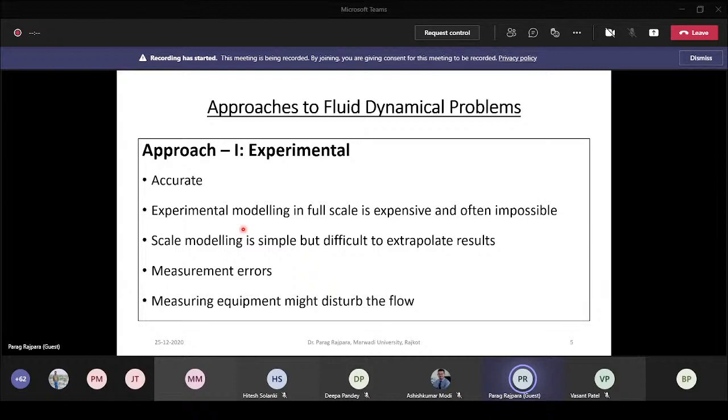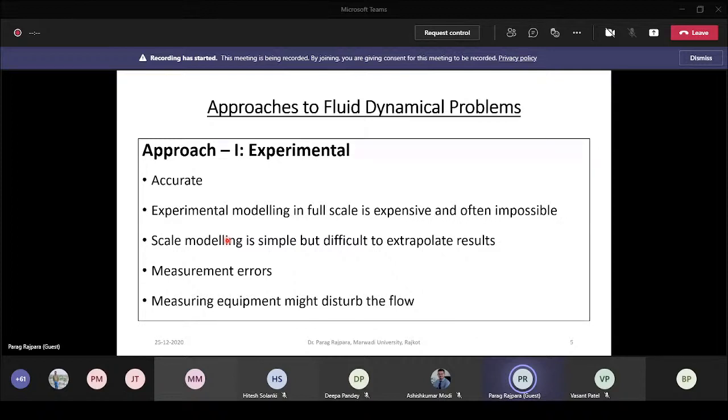Many times full-scale experimentation may not be possible because of several limitations. So one can go with scale modeling. It may be a reduced scale, or sometimes you have to use an enlarged scale, depending upon the problem you are solving. But scale modeling, while simple, makes it very difficult to extrapolate the results from the models, because they will not be able to demonstrate what will happen with the prototype.